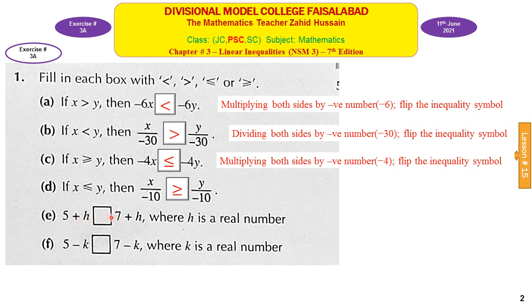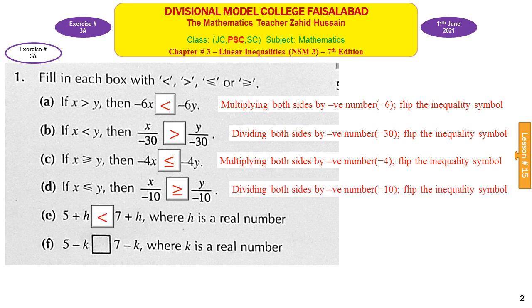And we are adding h to both sides of the inequality, because adding or subtracting the same number to both sides of the inequality does not change the sign. So because the initial inequality sign is less than, it will remain less than, because we are adding the same number, h, to both sides, so this inequality sign will remain the same, which is less than sign.